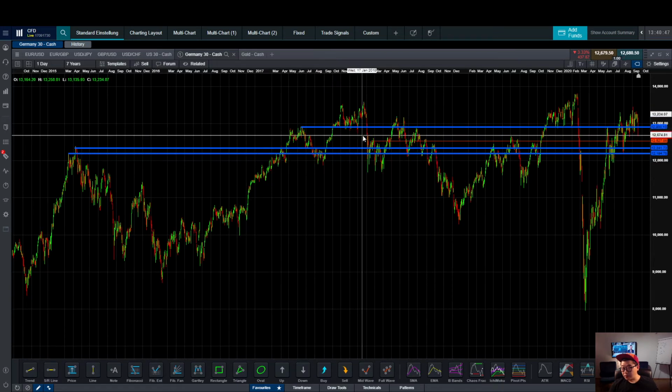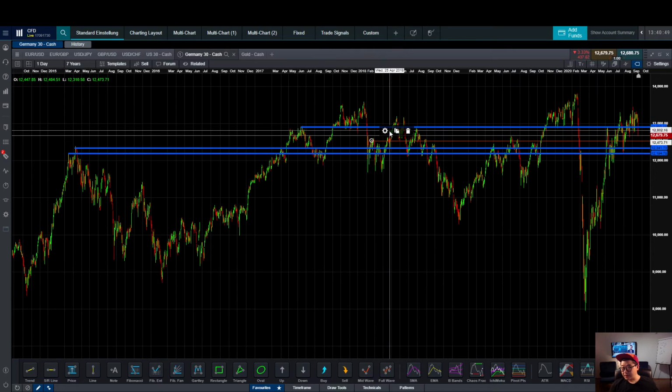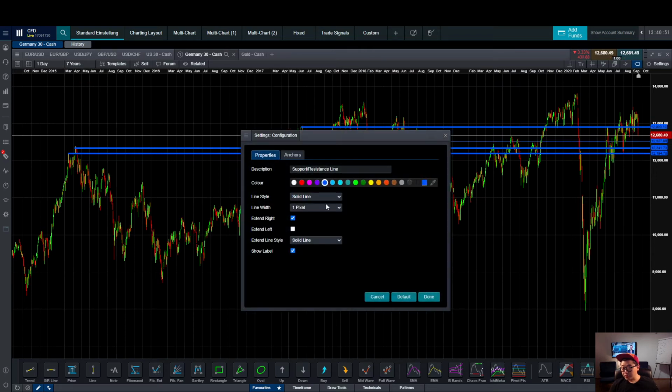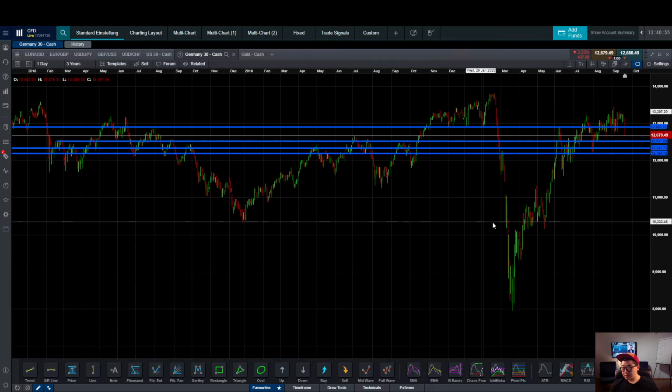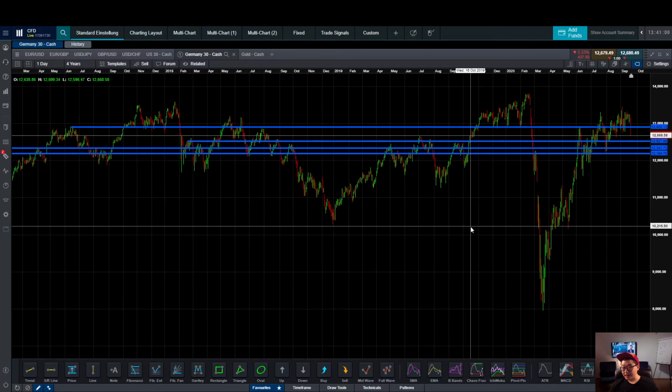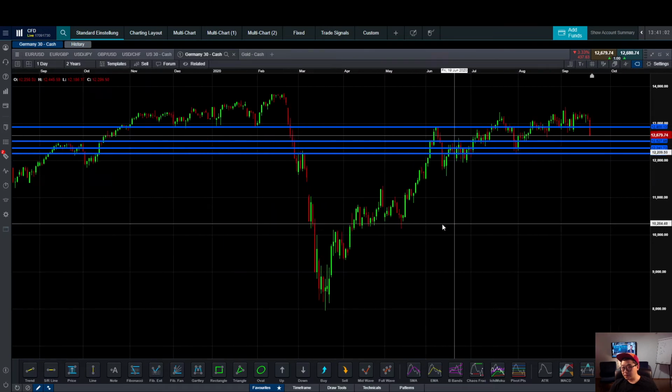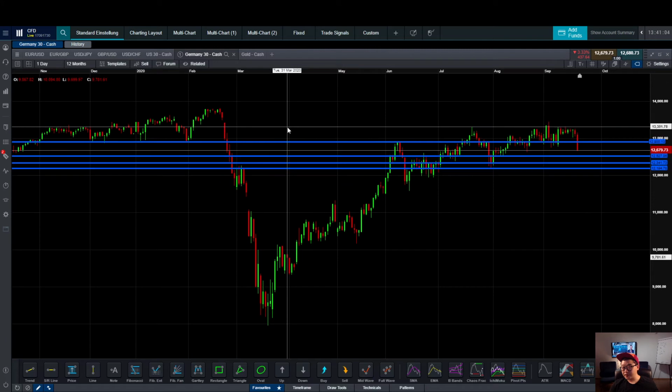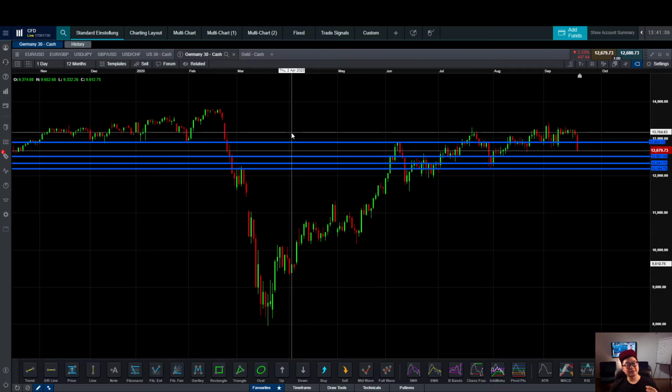So I know specifically, when I'm in the trade, what those blue lines mean to me. Thick blue lines mean these are the support and resistance lines within the day chart. These are for me major support and resistance lines.